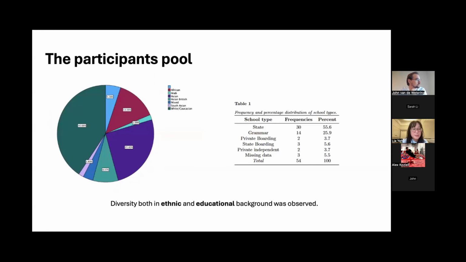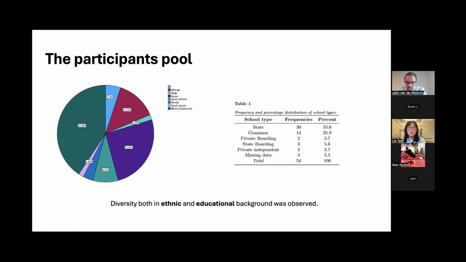Here, the left-hand side of this figure is the participant pool's ethnic demographics, and on the right-hand side is their self-reported type of school. The notable part is that 30 out of 54 of the students were from state schools in the UK. In the US, this would be called public schools.